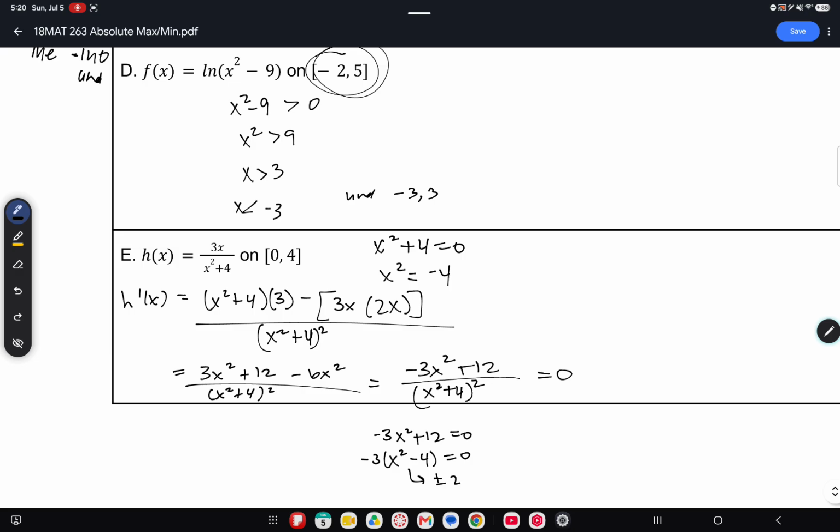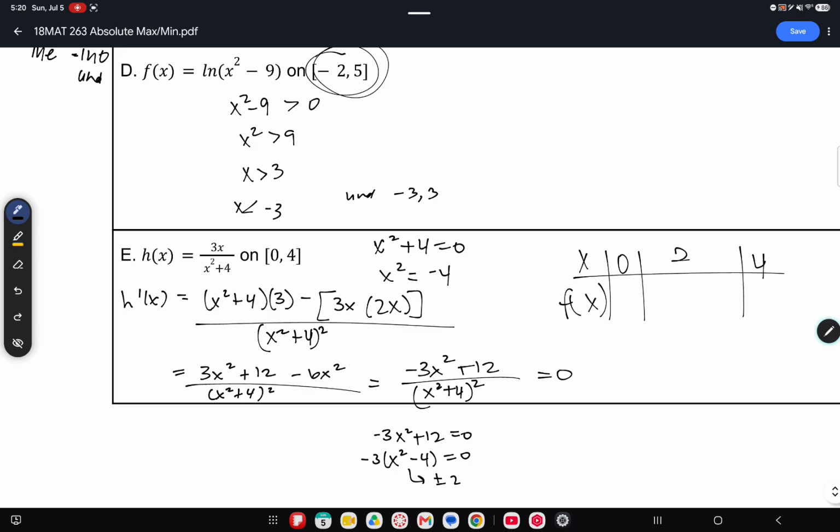But we are only looking at the interval of 0 to 4. So in my little chart to find my values, I'm only going from 0 to 4. That means I wouldn't take the negative 2, but I can take the positive 2. And then I can plug this function into the calculator again and find those values.